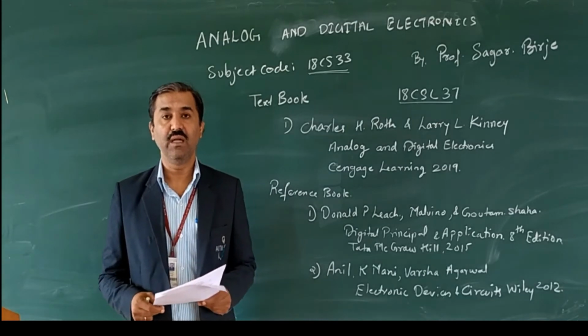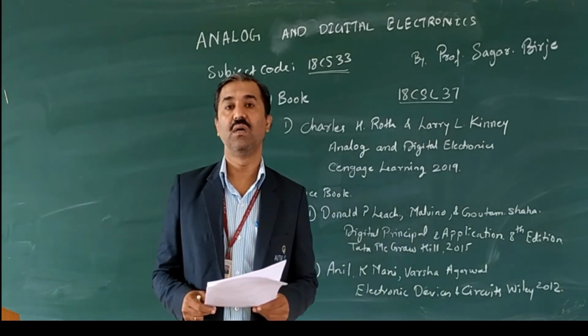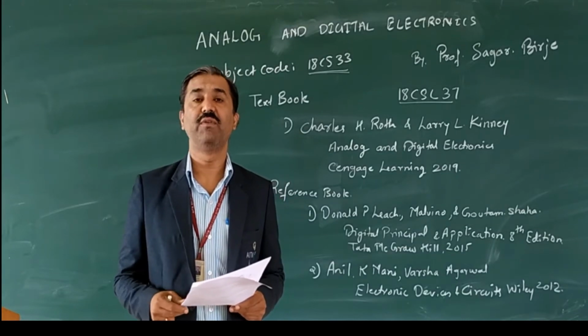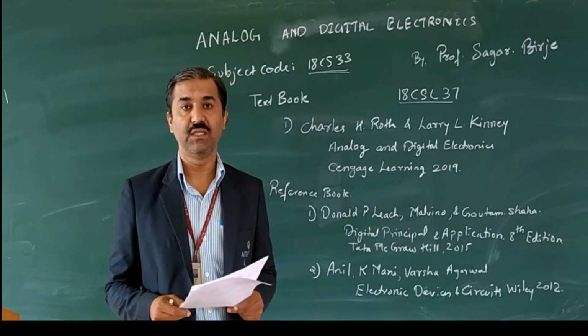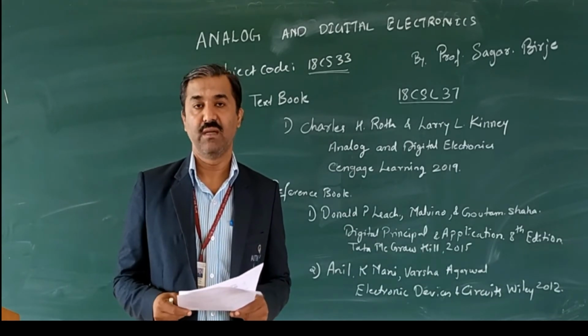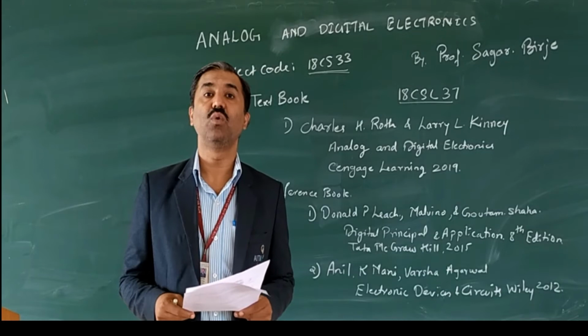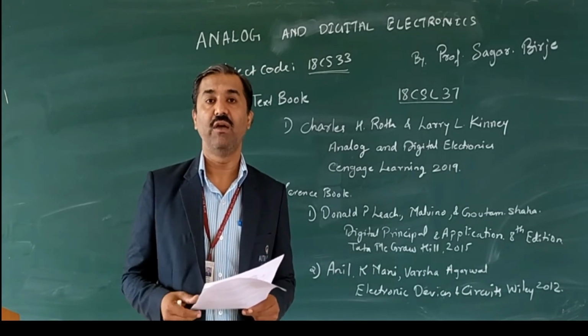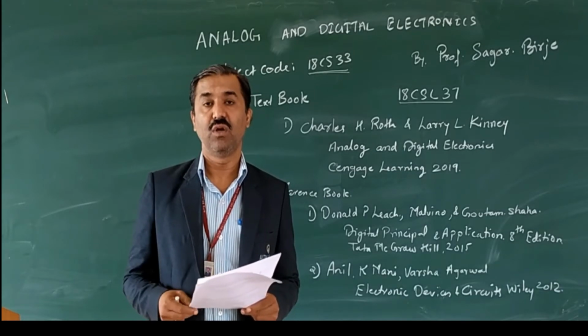Let us understand the course objective or the course outcome of this subject. After learning this subject, what will I be able to understand? That is what the course outcome means.